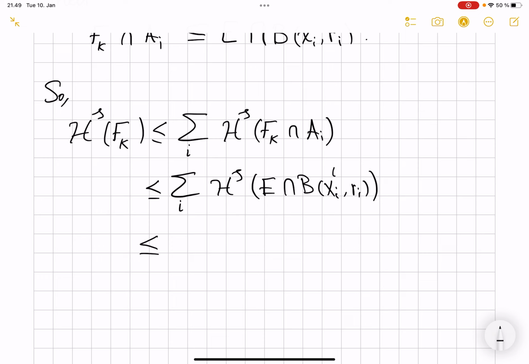Xi belongs to this bad set Fk where the density was larger, and Ri is less than 1 over k. So an Fk were exactly those points Xi for which the fraction was less than 2 to negative s for all radii less than 1 over k.